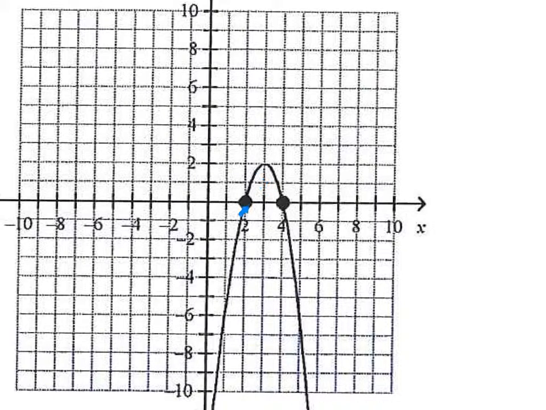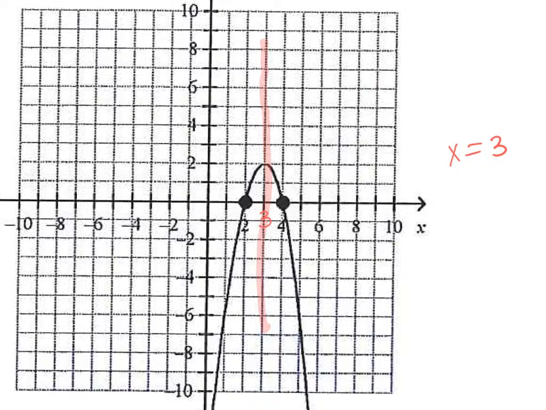Looking at this, I can tell that the zeros are 2 and 4. That means that halfway between the 2 is my axis of symmetry, which is right here. What value of x is my axis of symmetry at? 3. 3. And I know that the axis of symmetry is x equals 3 if I was asked for the axis of symmetry.